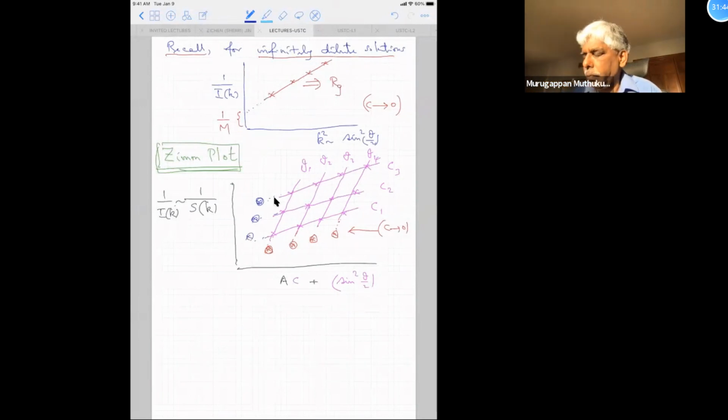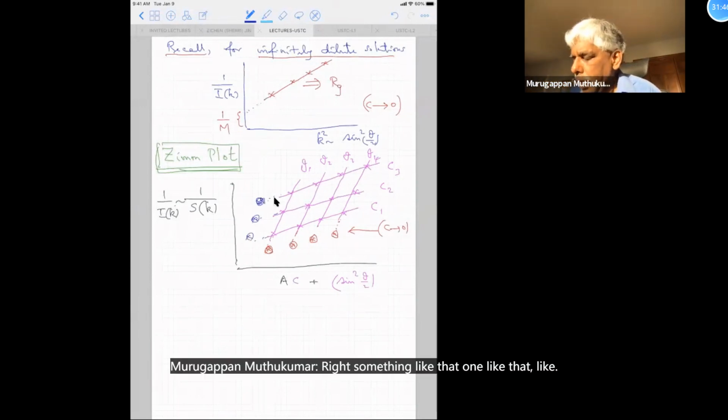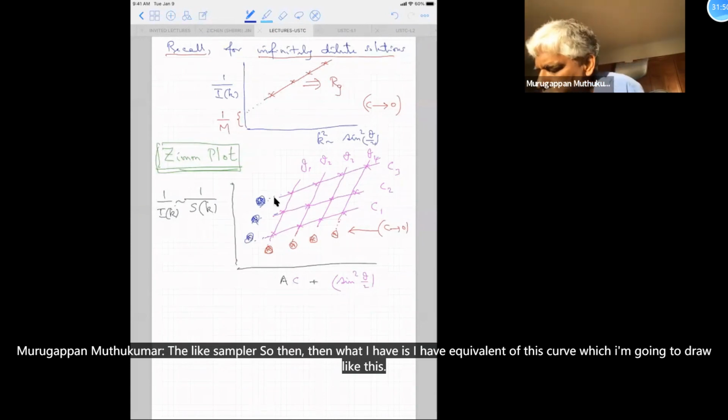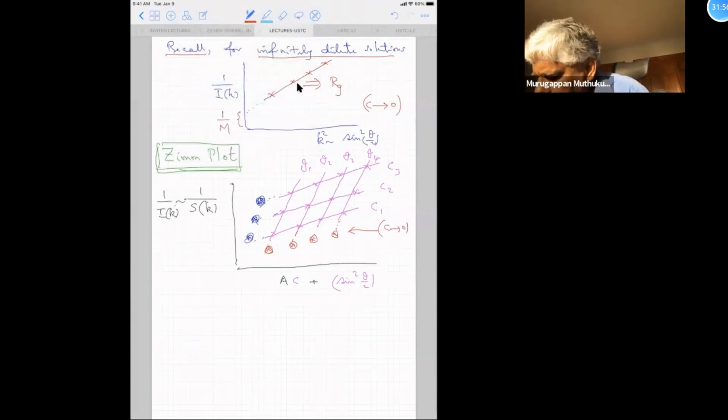These are extrapolated. So then what I have is the equivalent of this curve, which I'm going to draw like this.